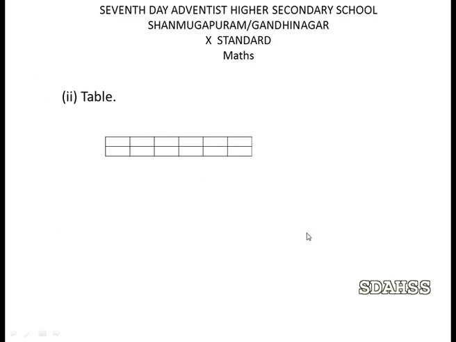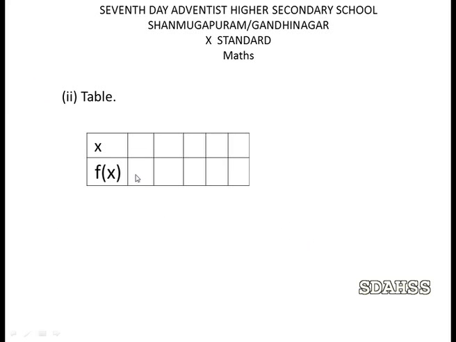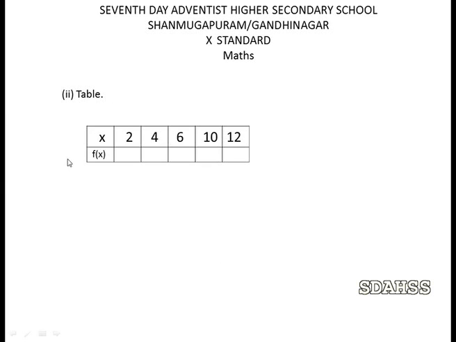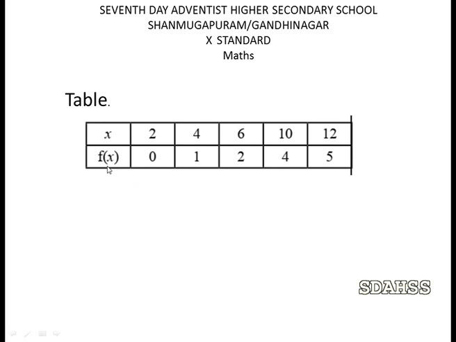Construct a table like this. In this table, write first x and then f(x). Then the x values are 2, 4, 6, 10, 12, and their corresponding values are 0, 1, 2, 4, 5.